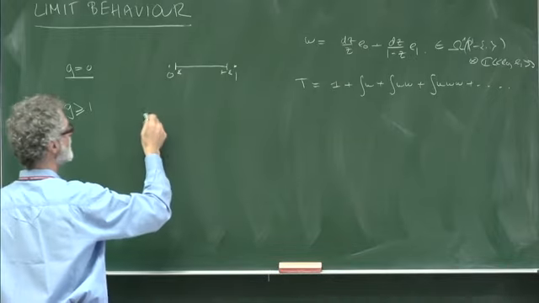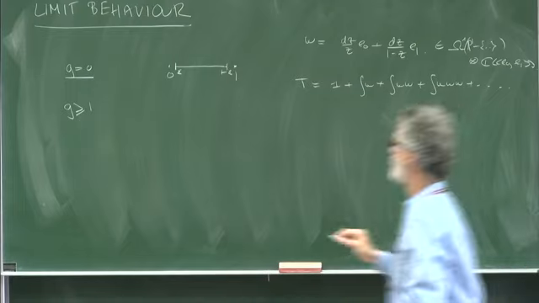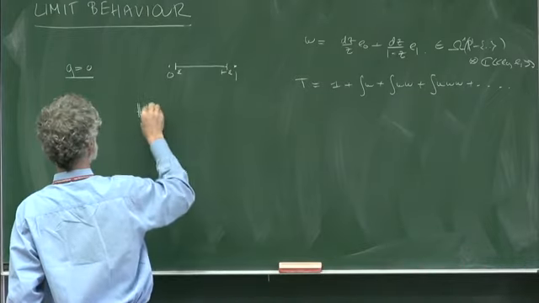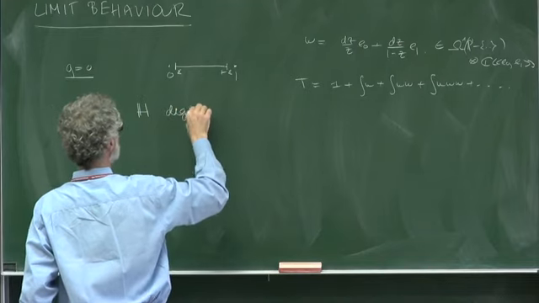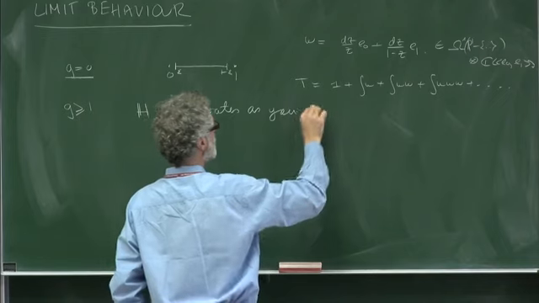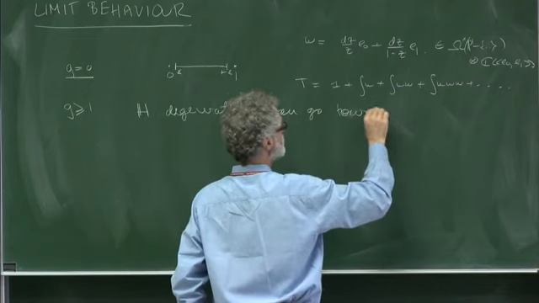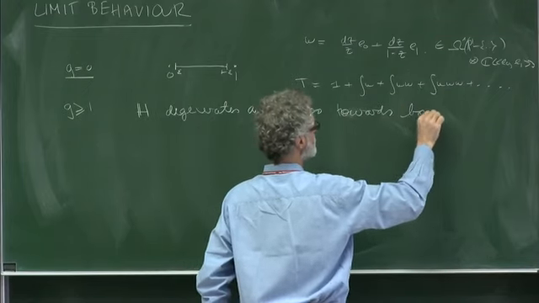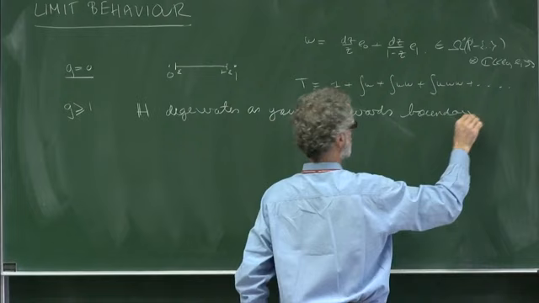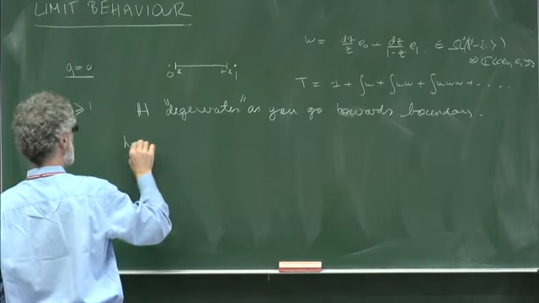So what happens here is this local system degenerates. So I'll say here, H degenerates as you go towards the boundary of moduli. And you have to regularize.